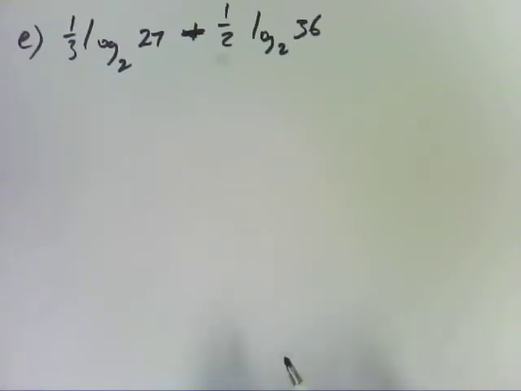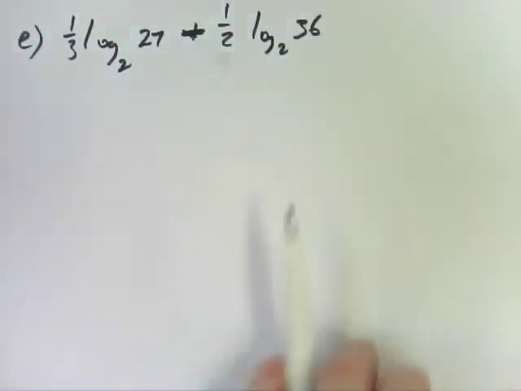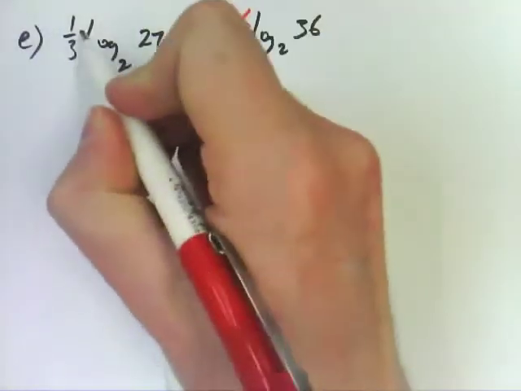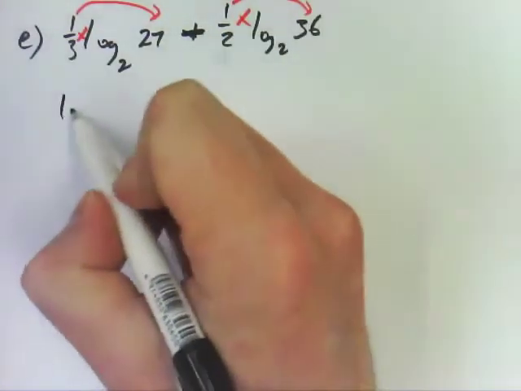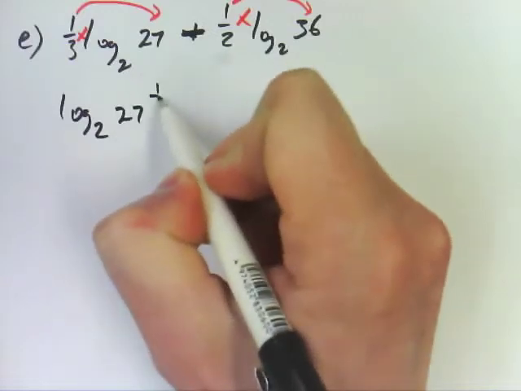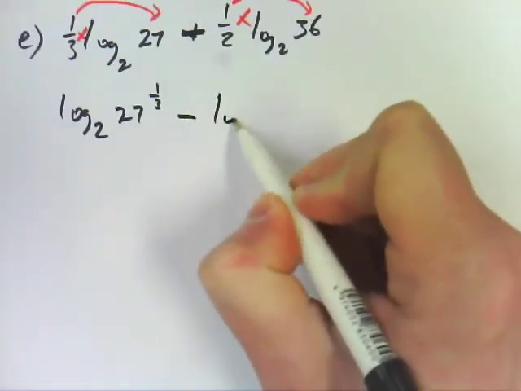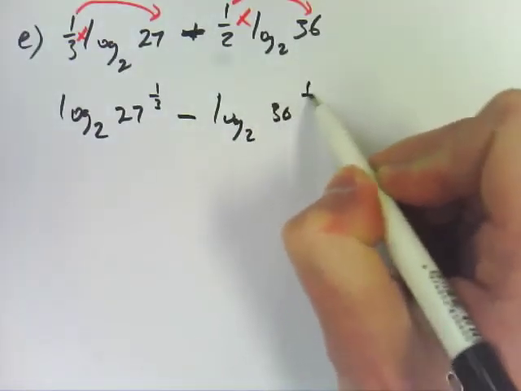This ties in all your index law stuff as well as adding in your new log stuff. That's why you're having trouble with it. Again, these two here are multiplied and I'm going to zip them straight in. That's my first step. So log 2 27 to the 3rd minus log 2 36 to the 1/2.